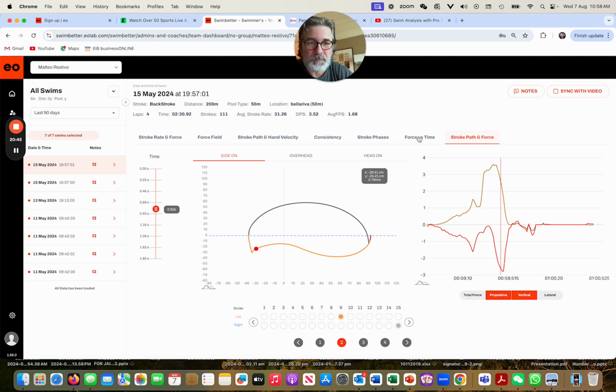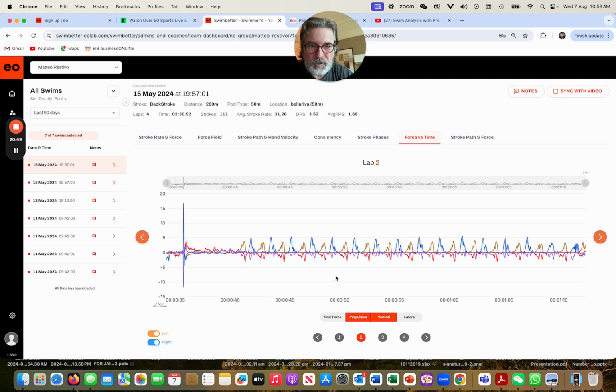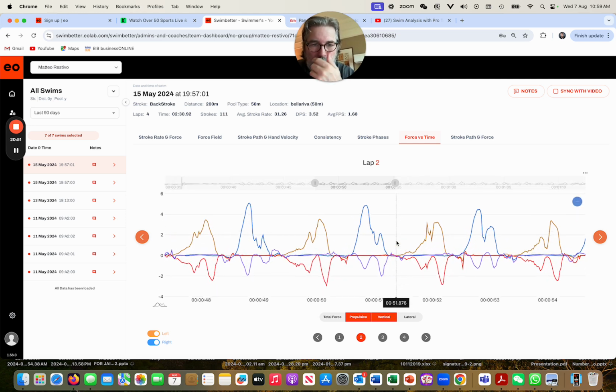And just to stress it again, we'll come back here, pop in this vertical and have a look, and you can see very clearly this pattern. There's a lot of upfront downward force here, here, here and here. There's a lot of back end downward force on the left, as you can see there. And we're also getting this, I expect to see this back end downward force on the right hand that we see here.